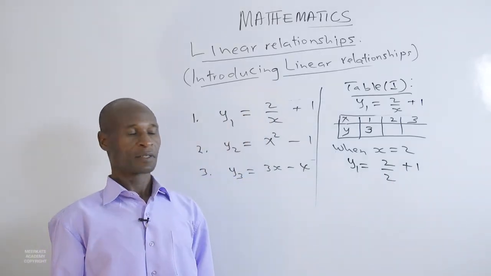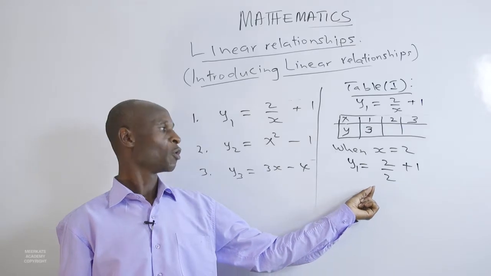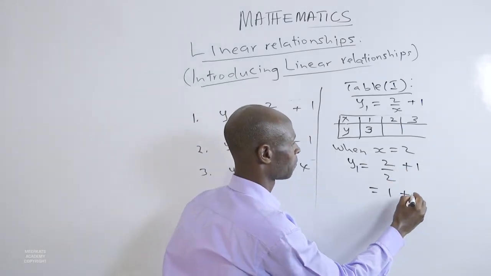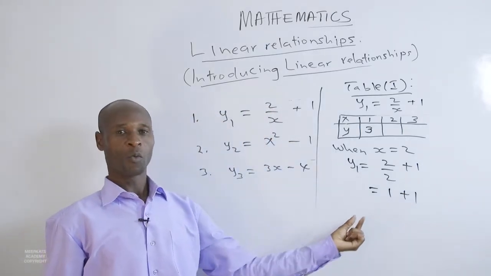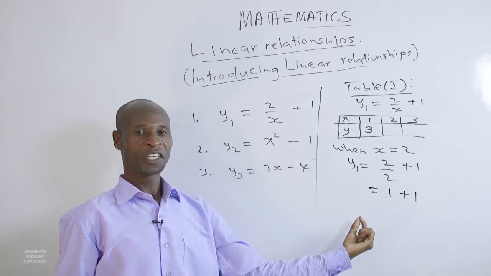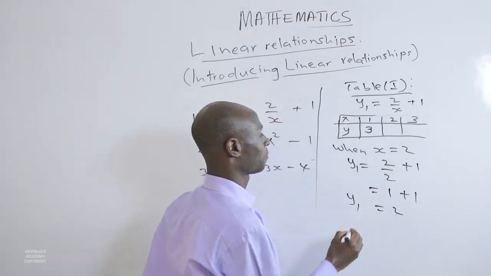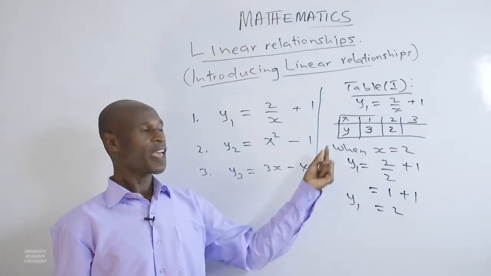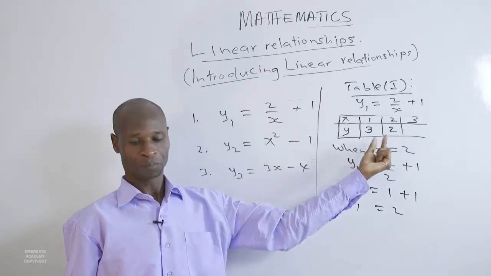In this case, y1 will be 2 divided by 2 plus 1. The result will be 1 plus 1, which gives us 2. That means when the x value is 2, the y value is also 2.